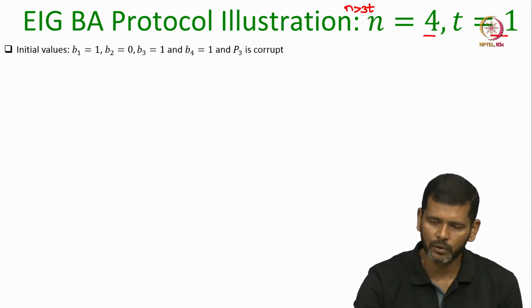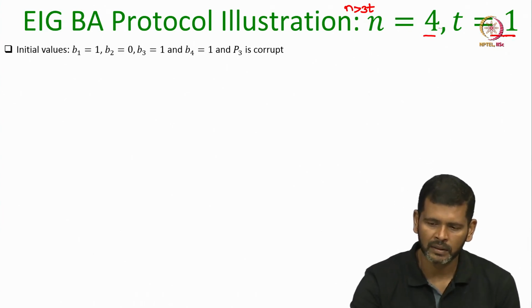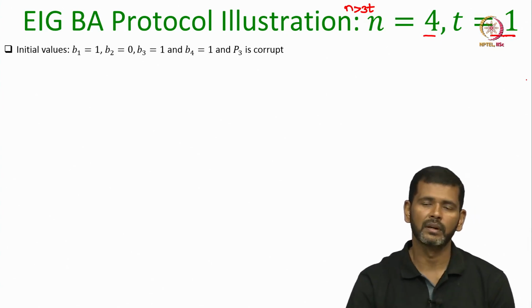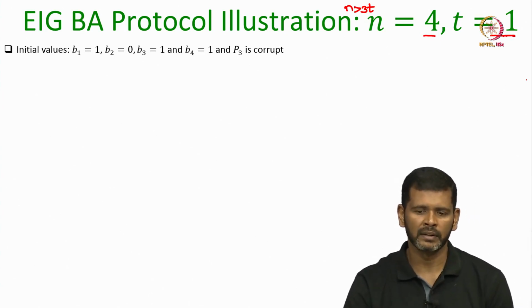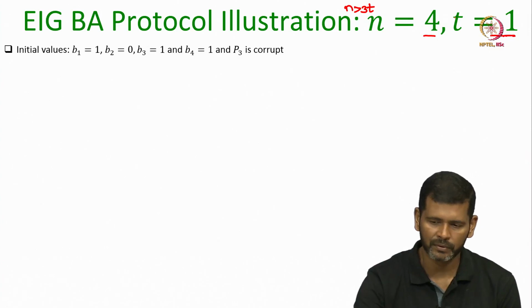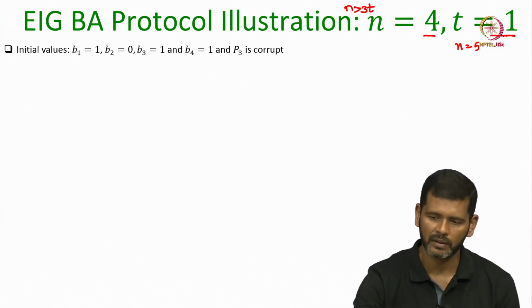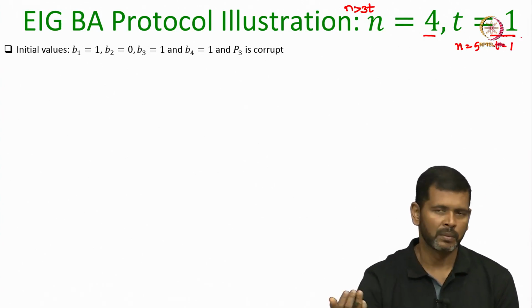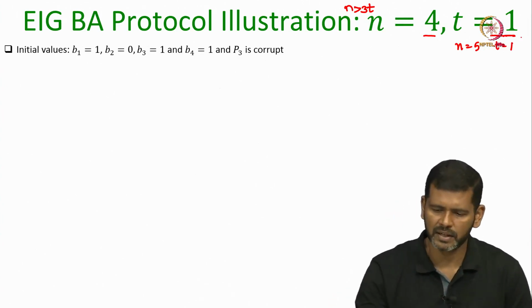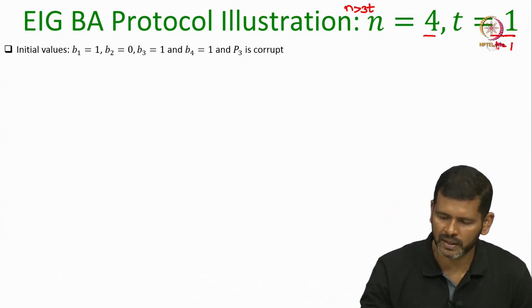If I take t to be 1, then the smallest value of n which satisfies n greater than 3t is 4. Of course, we could take n equal to 5, t equal to 1, n to be 6, t to be 1 and so on, but let us take the smallest value of n satisfying the condition.